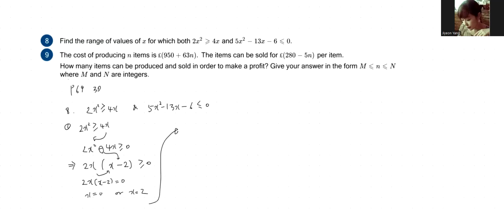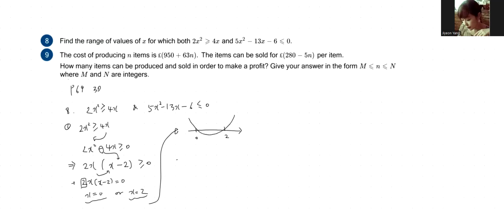The normal way to solve this inequality is to draw a graph, since the x-intercepts are x equals 0 and x equals 2. And then since the coefficient of x squared is positive, you can draw this quadratic graph in this way.